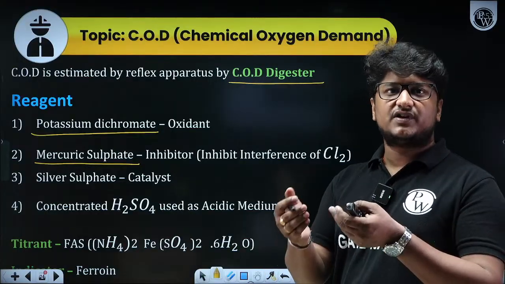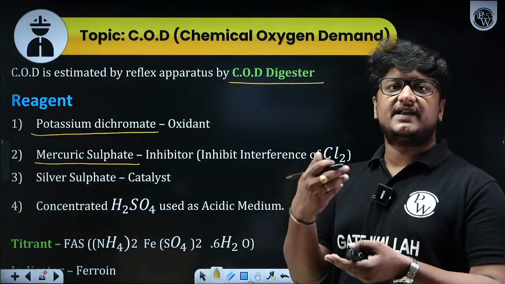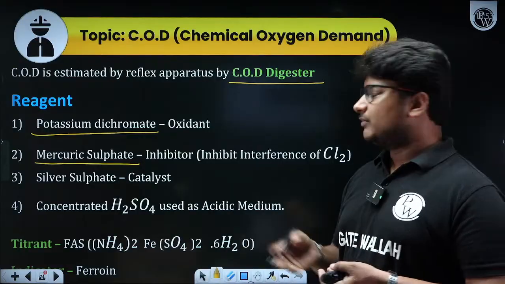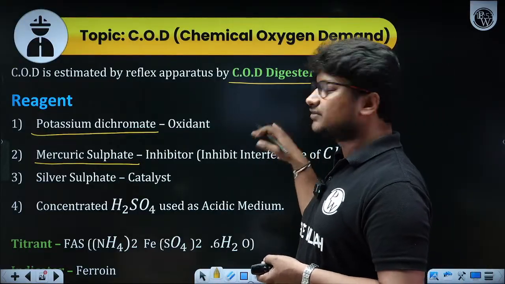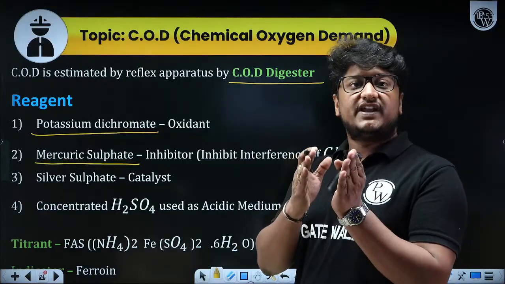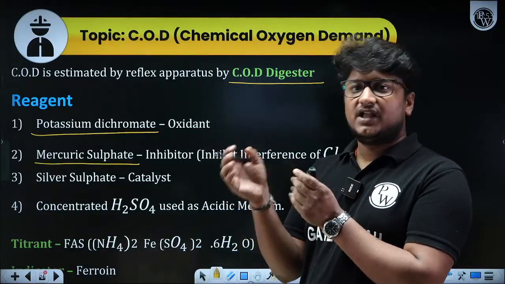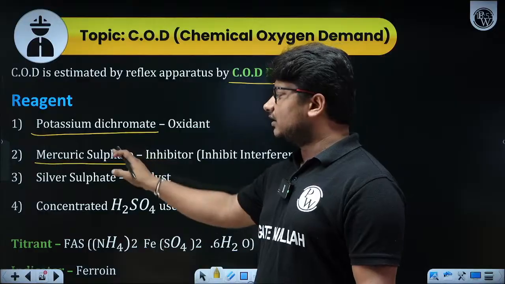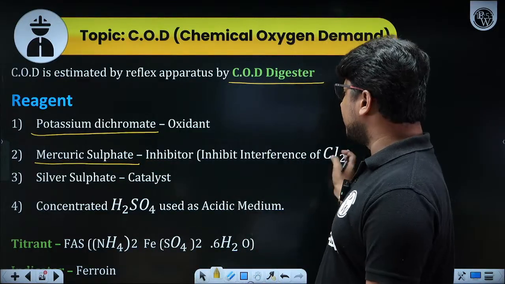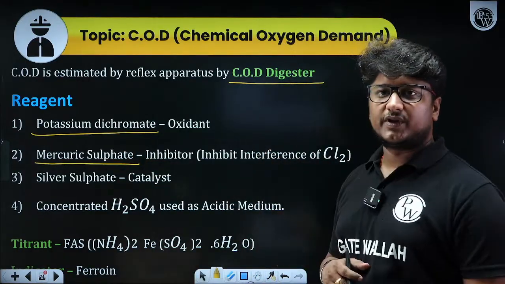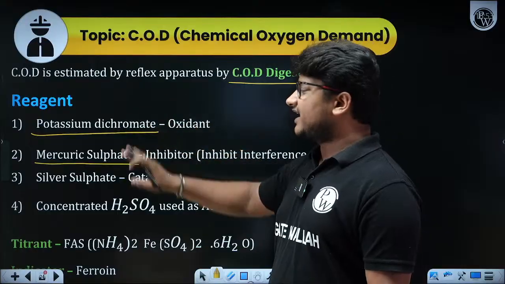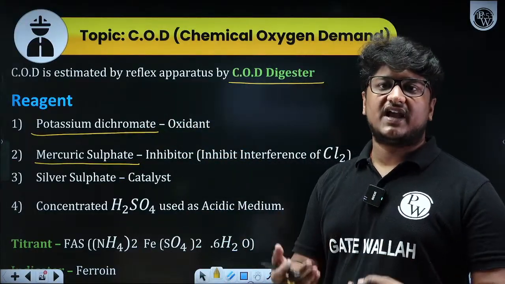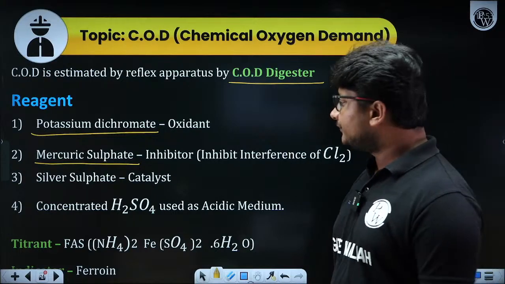It will create some interference in the oxidizing nature, because some amount of chlorine is already there. So if you want to inhibit the interference of chlorine, you add an inhibitor called mercuric sulfate, which will inhibit the interference of chlorine, so that this potassium dichromate can freely work, and we can also calculate the amount, how much it is required.